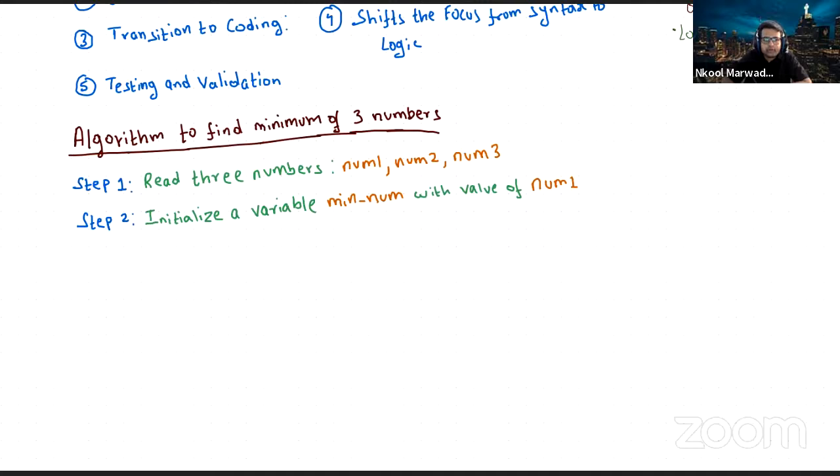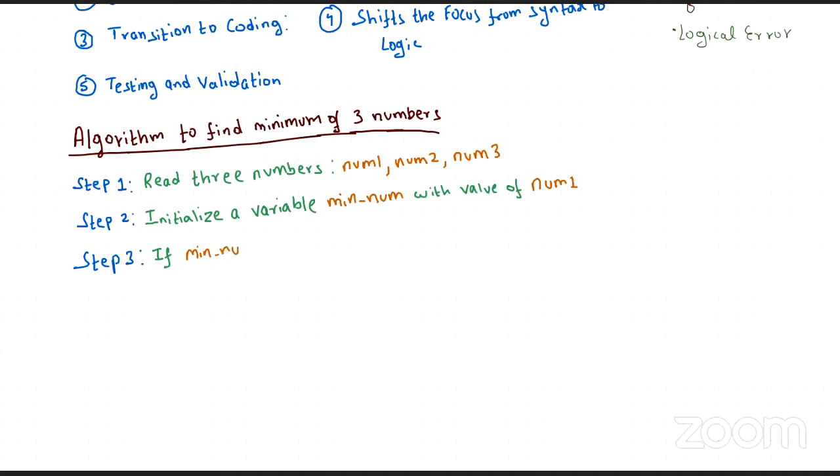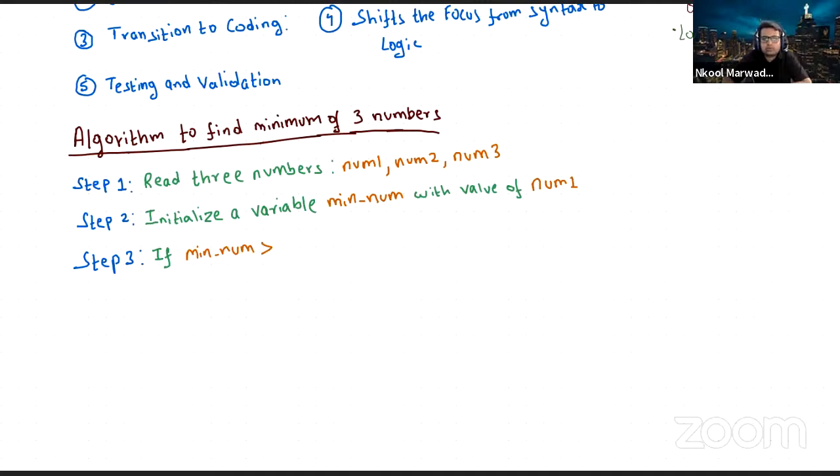So what test will we be doing? The test is very simple. If the minimum number, that is num1 for now, is greater than num2, and if it happens, it means that num2 is less than num1.